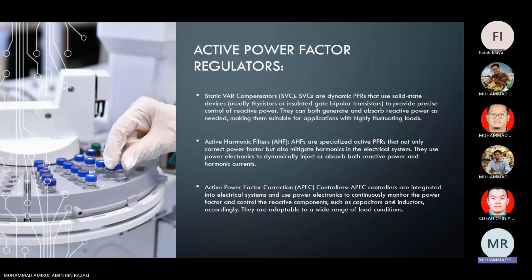And the third, active power factor correction controller. APFC controllers are integrated into electrical systems and use power electronics to continuously monitor the power factor and control the reactive components such as capacitors and inductors. They are applicable to a wide range of load conditions.